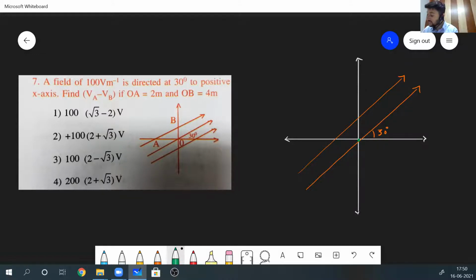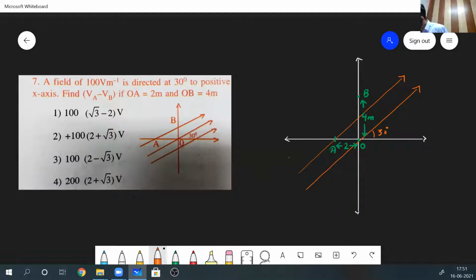Secondly, let us say the center point is O and this point is A. If we read the question, we will find out that OA distance is given to be 2 meters. And there is a point B which is somewhere above, and the OB distance is given to be 4 meters. So we know that OA is equal to 2 and OB is equal to 4 meters.